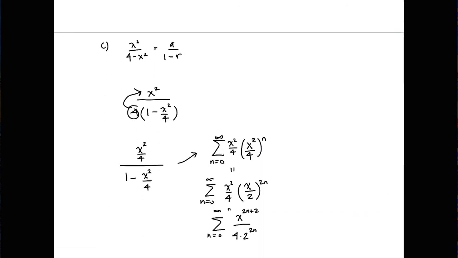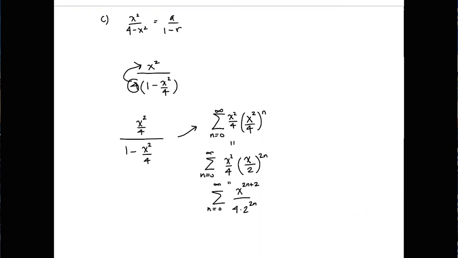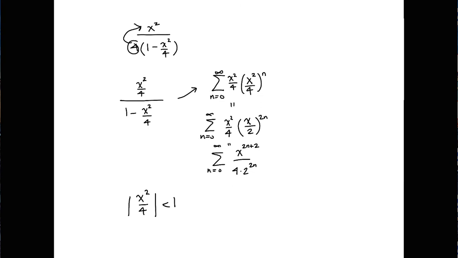And for the last example, the part that's getting raised to the power is x squared over 4. It needs to be less than 1. So we get x squared less than 4.